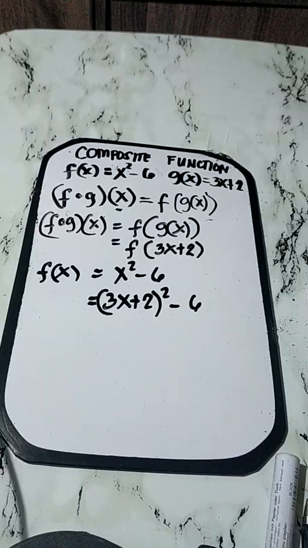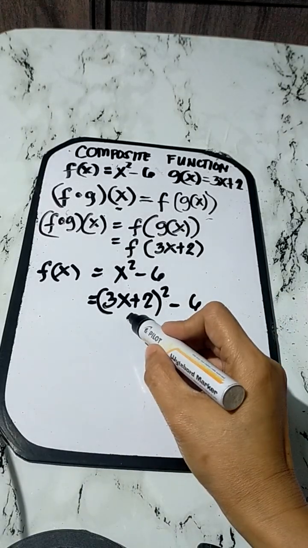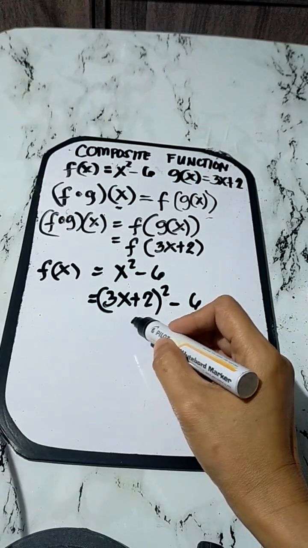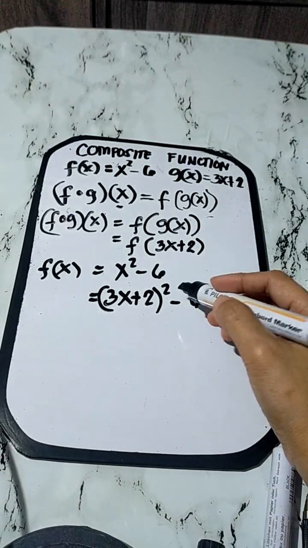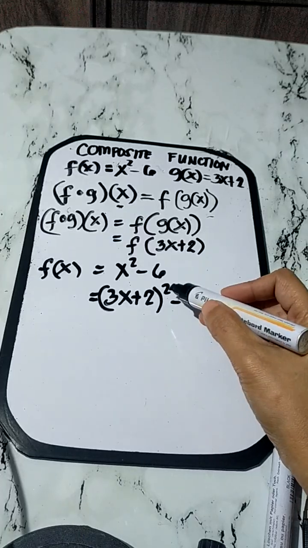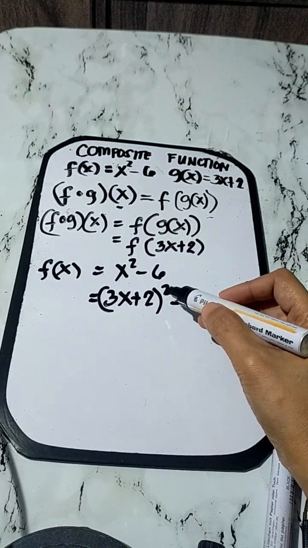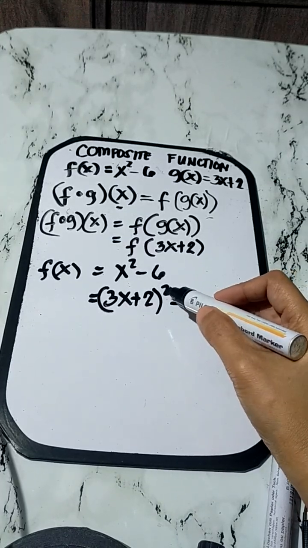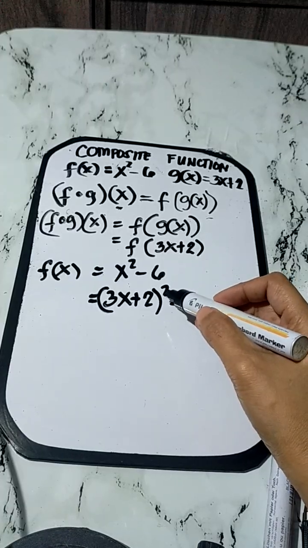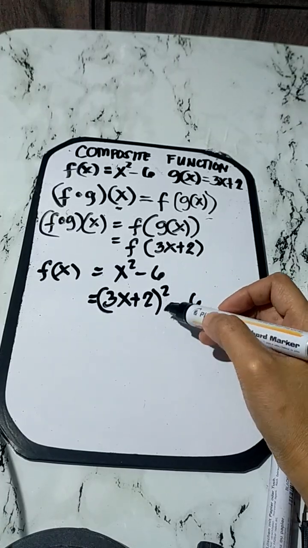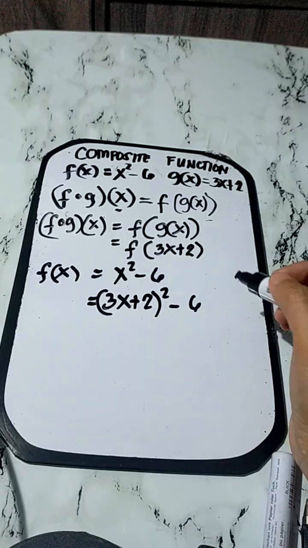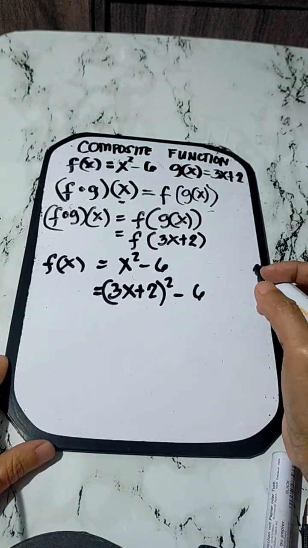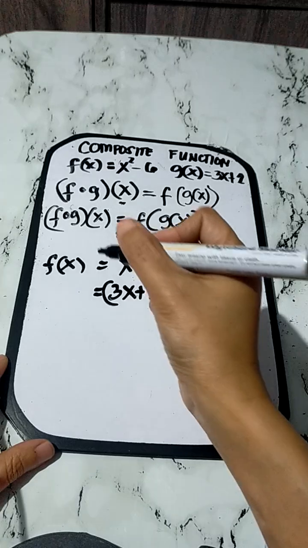Now we will solve first the quantity 3x plus 2 with the exponent of 2. Here we see that we have an exponent of 2. This is a perfect square binomial, so we can apply the formula.